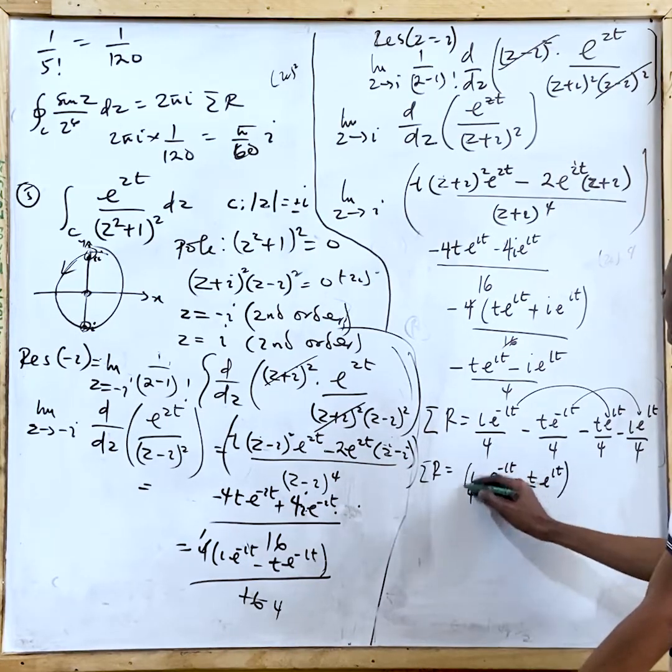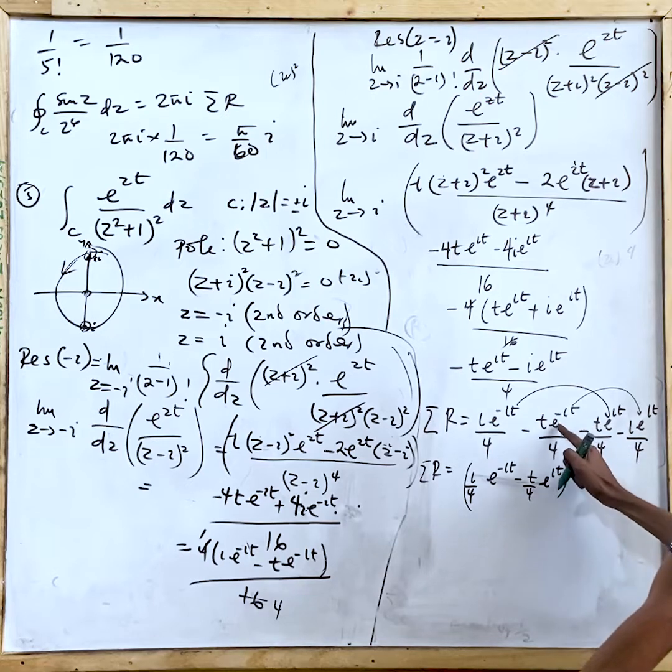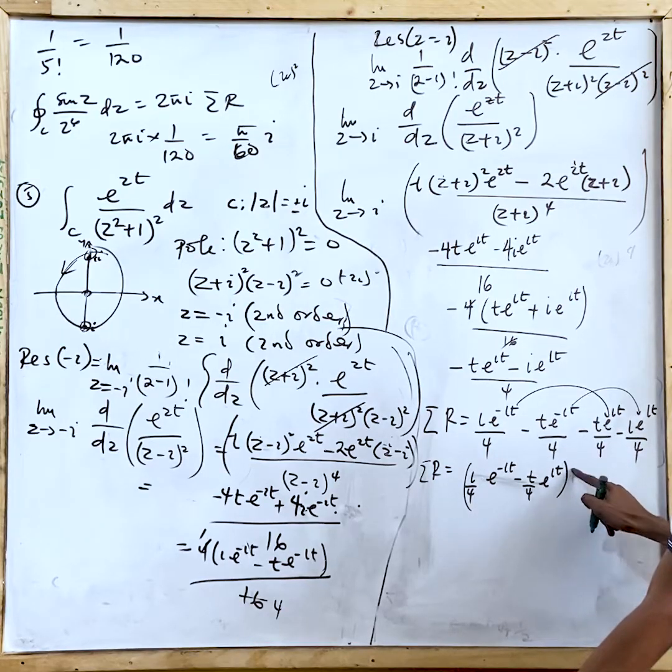And the one with e raised to the power minus it, let's say plus, that will be minus t over 4 e raised to the power minus it plus i over 4 e raised to the power it.